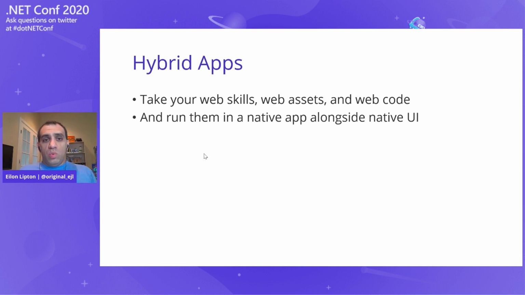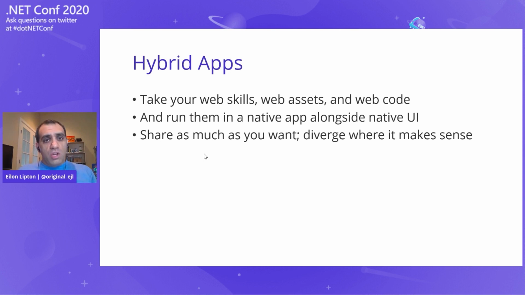And you can run that web UI alongside other native UI that you might want to include in your application. You can share as much as you want of that web UI, and you can diverge where it makes sense. So what I mean by that is you can host your web UI in just part of your application, or you can even have it be the full screen of the application if that's what makes sense for your application.